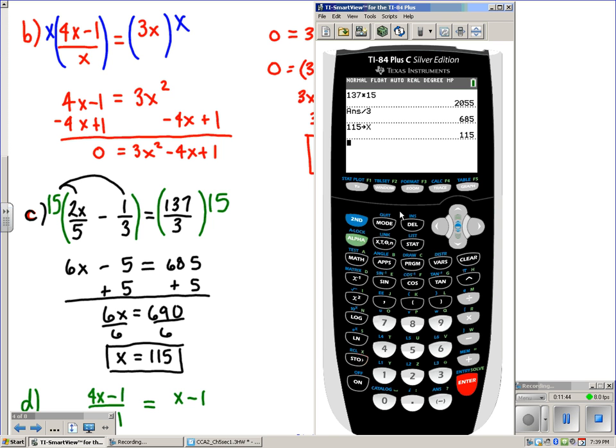Press enter. So we now know that anytime I press x here, that means we have 115. And let's go ahead and build our equation here. Let's go alpha y equals, enter. I'm going to put in my fraction 2x over 5.